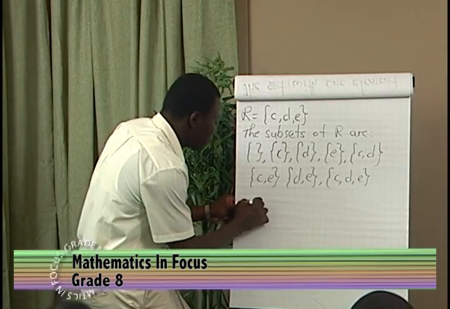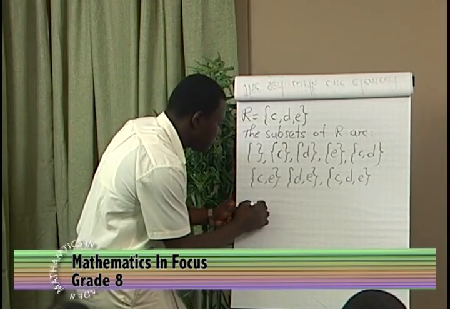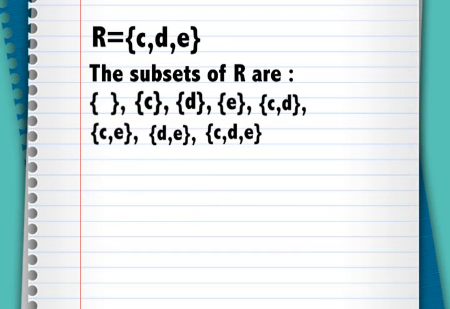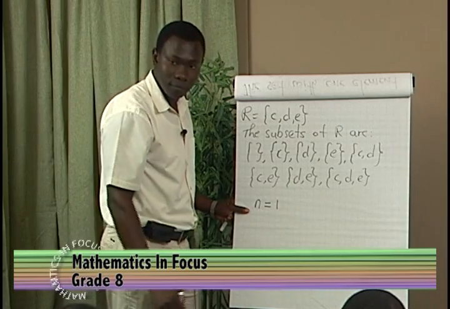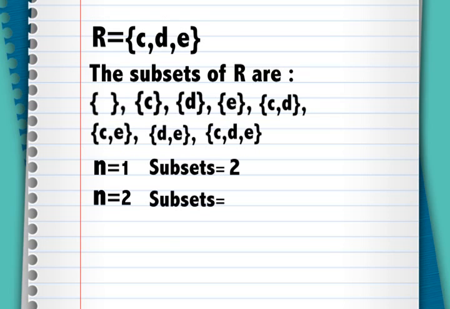So let's see if we can follow a trend now. If n represents the number of elements, when n is equal to 1, we had the subsets equal to 2. When n is equal to 2, we had the subsets equal to 4.